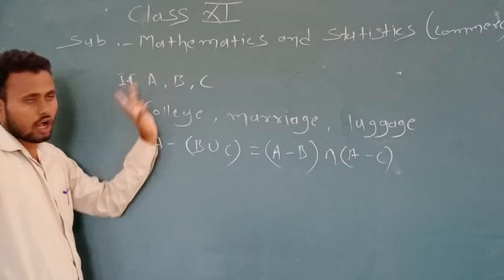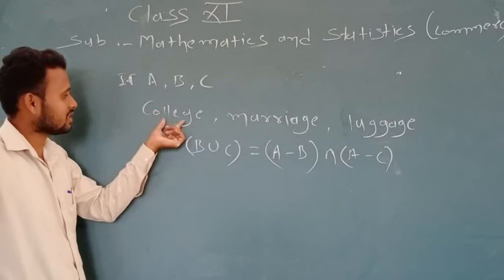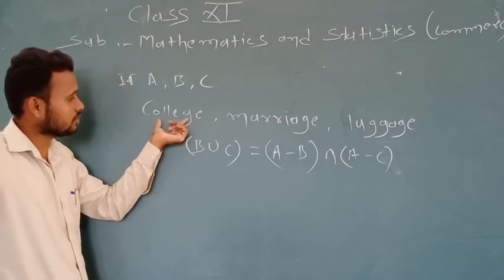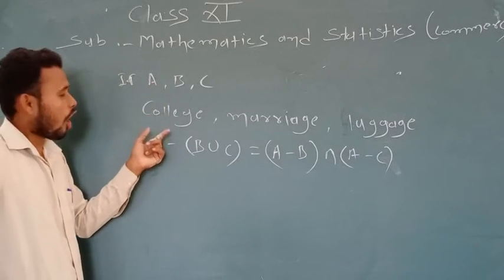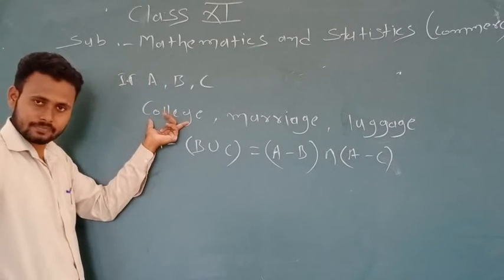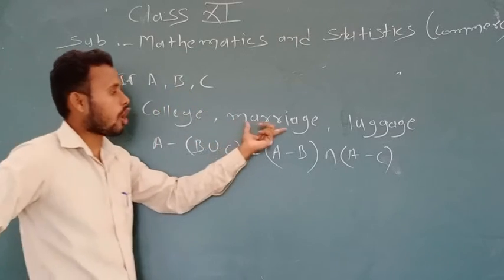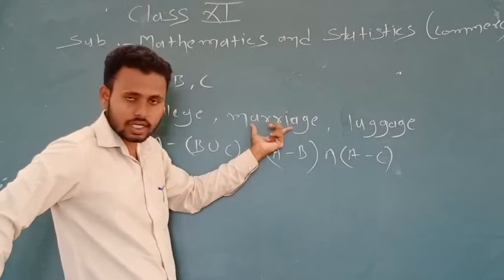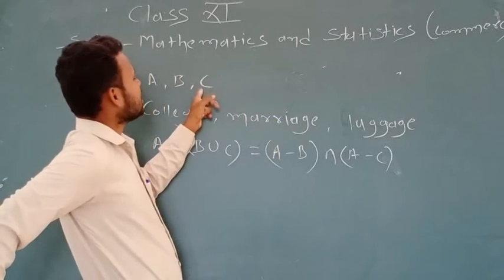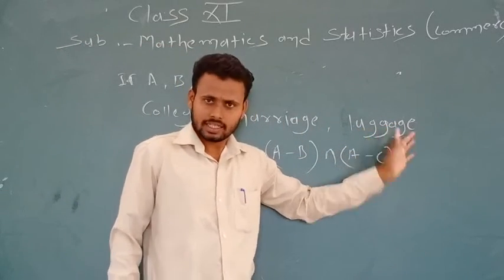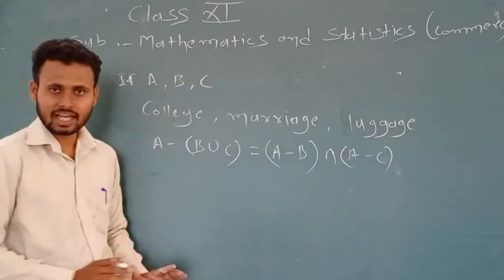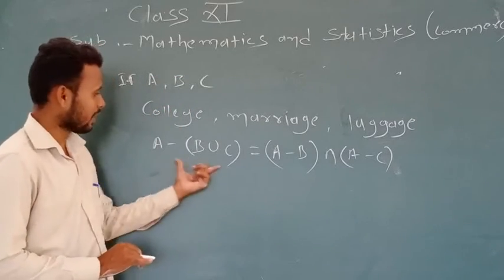Here it is already given that A, B, C are the sets for the letters of these words respectively. So A is the set of all letters in the word college. The next, B, is the set of all letters in the word marriage. And the next, C, is the set of all letters in the word luggage. Then we will get three sets, and after that we have to verify this property.